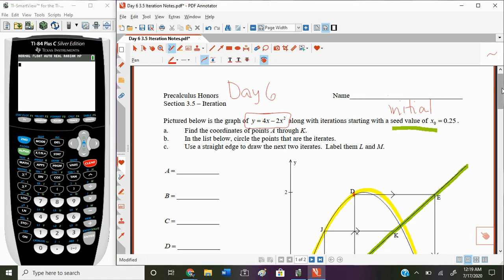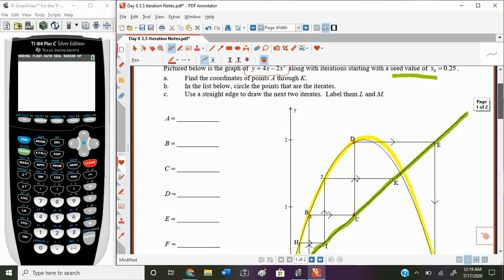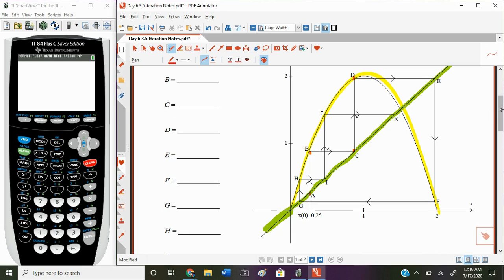All right, so let's go back. We know it starts at 0.25. Now, if we follow this along the x-axis, I'll go to a different color here. We have 0.25 on the x-axis right there. We get to point A, and we notice that it's on the line y equals x.